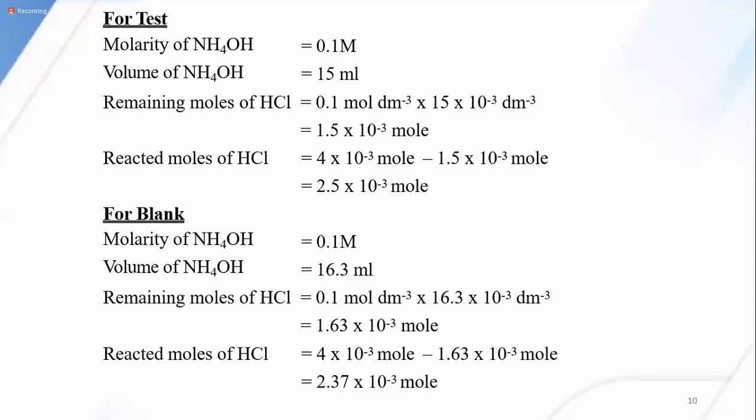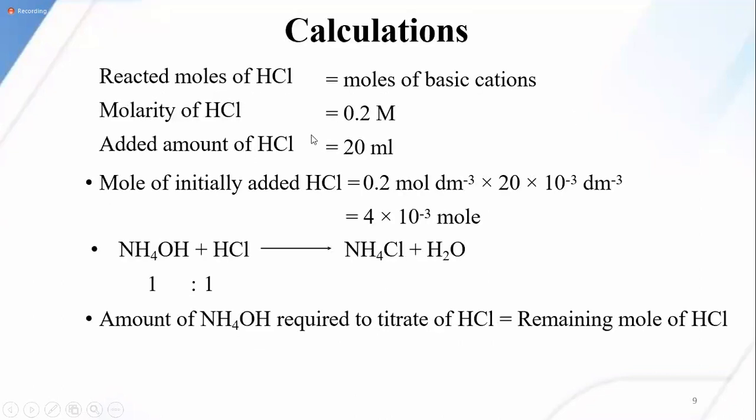Okay. Then you can find out the reacted moles of HCl. You already know the initial amount, the mole of initially added HCl, that is 4 into 10 to the power minus 3 mole. With the titration, we can find out the remaining amount of HCl.